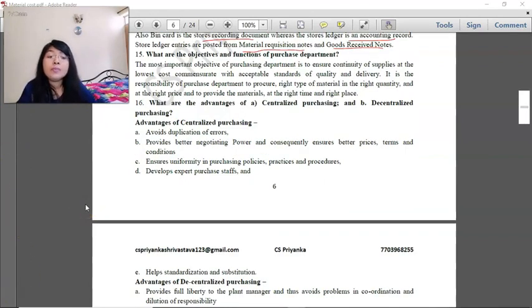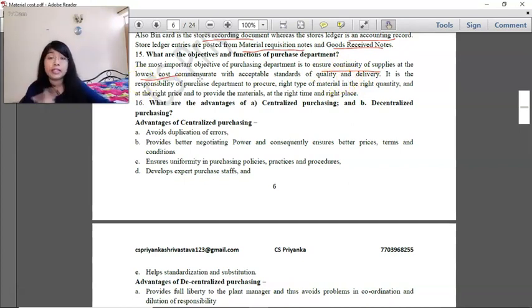Next we have the objectives and functions of the purchase department. We have already discussed that the purchase department issues the tenders, receives the quotations, and selects the best possible supplier. But the most important objective is to ensure continuous supply at lowest cost.